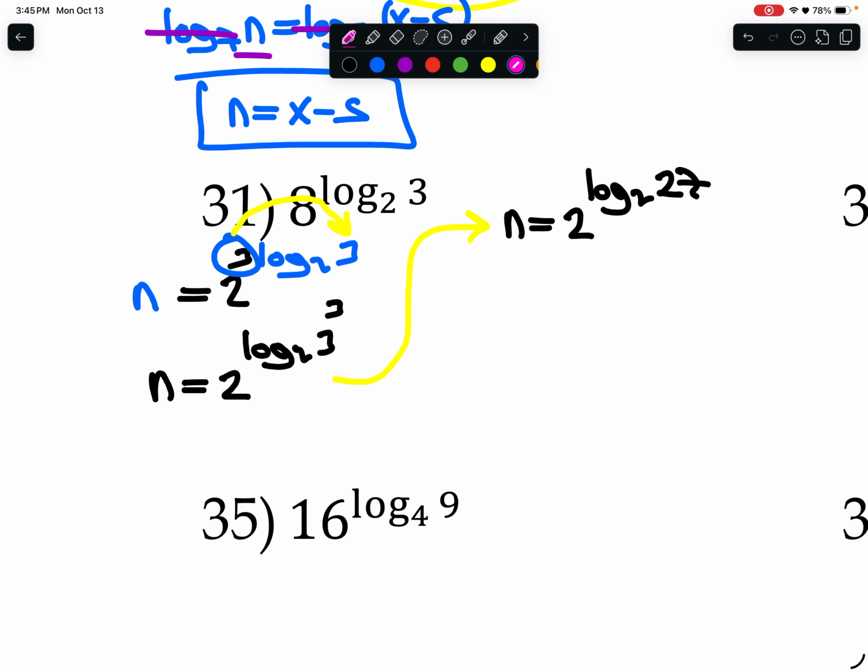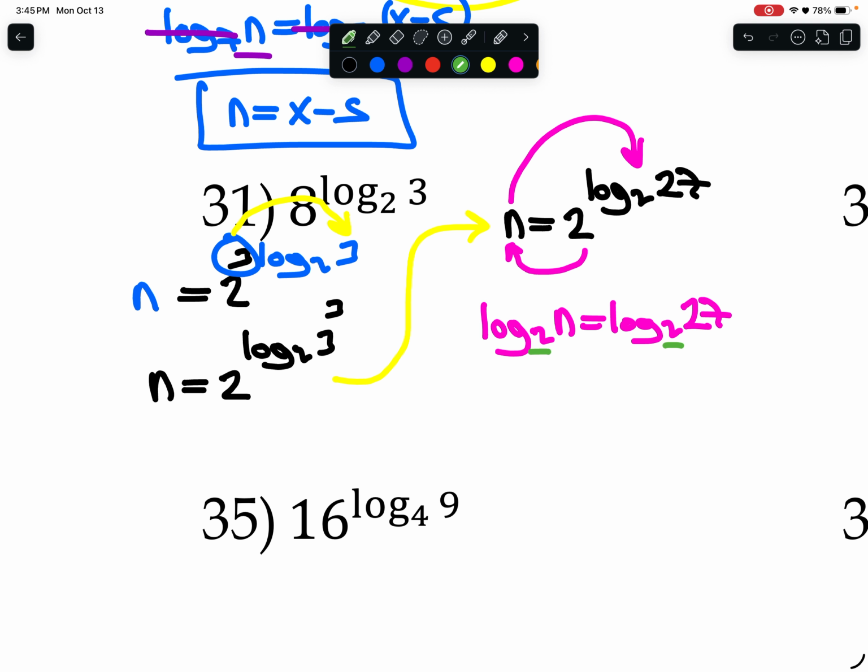So when I do that, I'm going to have log base 2 of n equals the exponent. So log base 2 of n is equal to log base 2 of 27. Now my log bases are the same, so I can set those arguments equal. So this is the same as just writing 27.